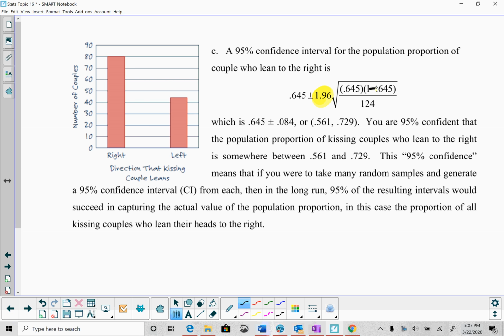Take the 1 minus the 0.645, divide by, again, the sample size, which was 124 kissing couples. Again, that underneath the square root, that whole part of it there is our standard error, not standard deviation.